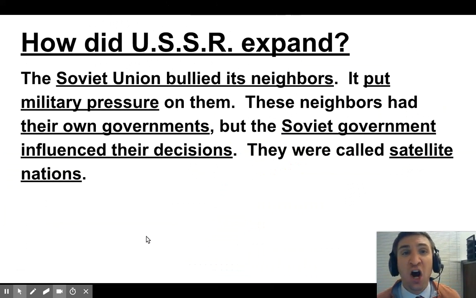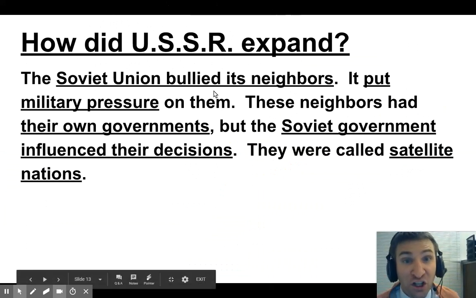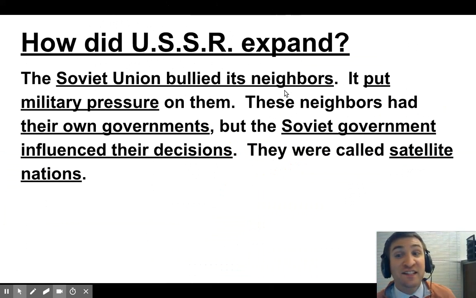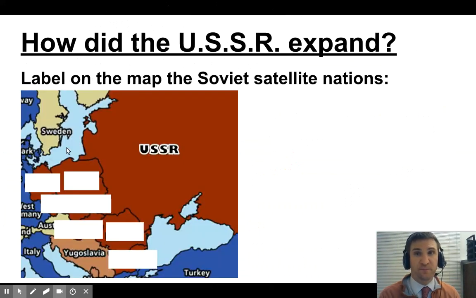How did the USSR expand during this time? The Soviet Union bullied its neighbors. It put military pressure on them. And these neighbors had their own governments, but the Soviet Union influenced their decisions. And these neighbors that were controlled were called satellite nations. How did the USSR expand?